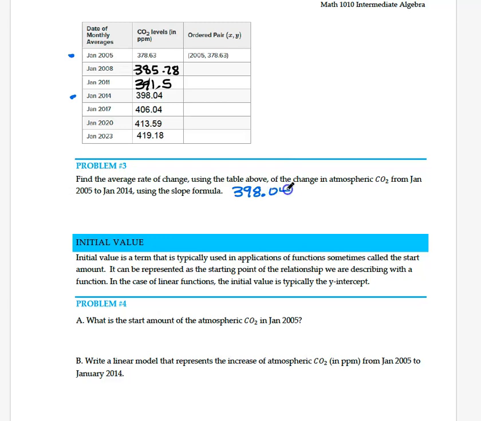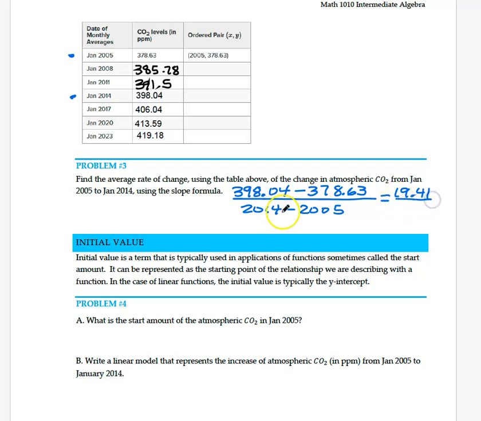So I've got 398.04 minus, that one in 2005 is 378.63. And then our years are 2014 minus 2005. If we subtract those on the top, just use your calculator to help you, we get 19.41.